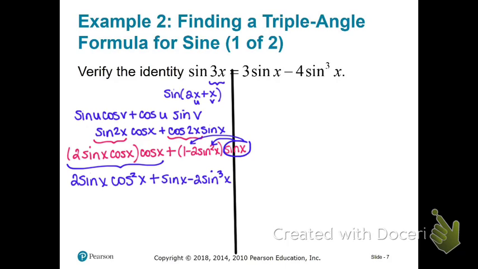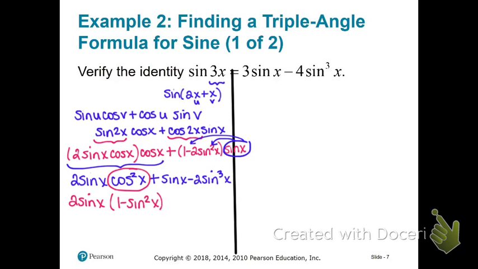Alright, so now we see that we've got all this, but we don't need a cosine squared, so we're going to try to get rid of it. So I'm going to bring down my 2 sine of x. What do we know about cosine squared that can take it to a sine then? How about it's 1 minus sine squared? Where did I get that from?